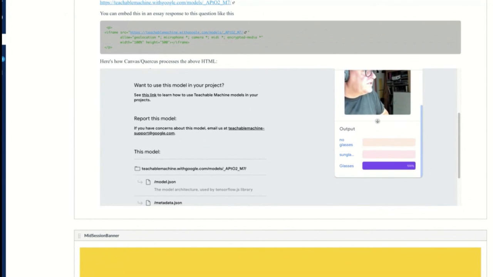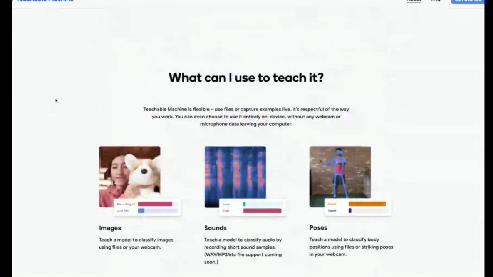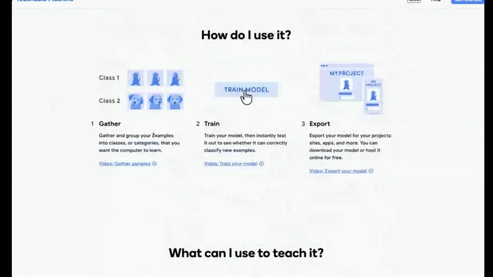Now, if I go to the Teachable Machine site, and I'm now going to share that. So here's your lab assignment: is to go to Teachable Machine, and you're going to do these 3 things.